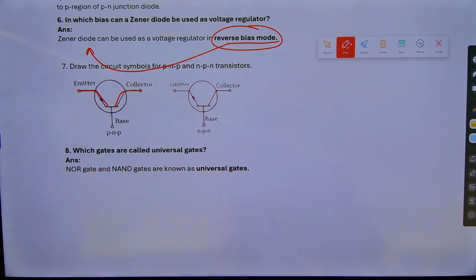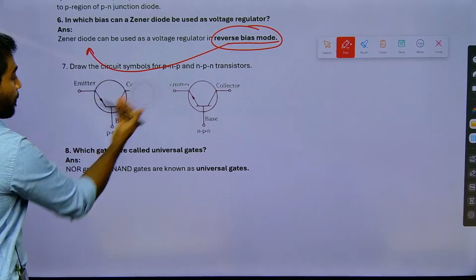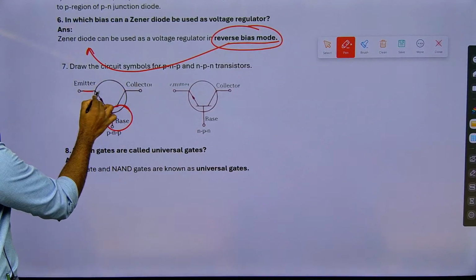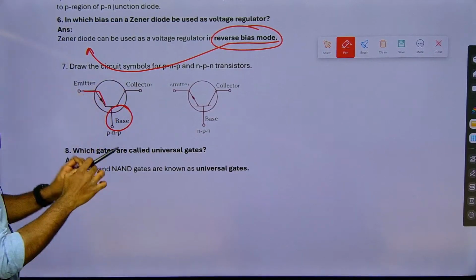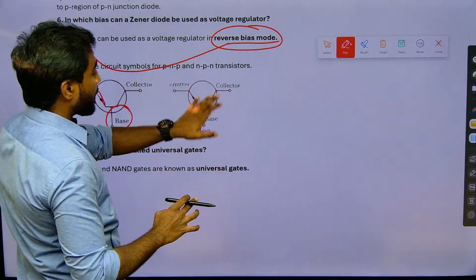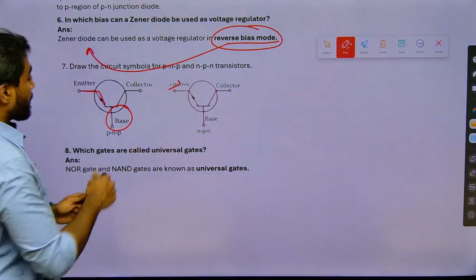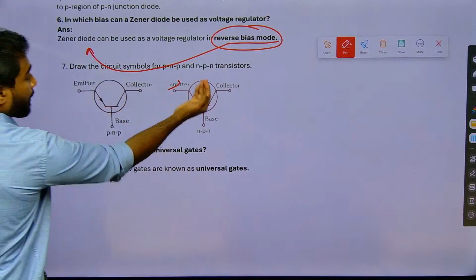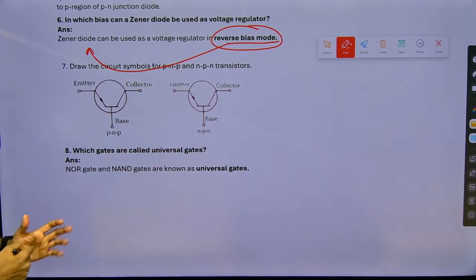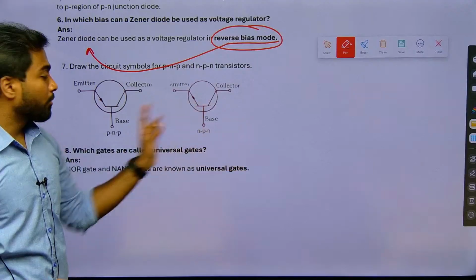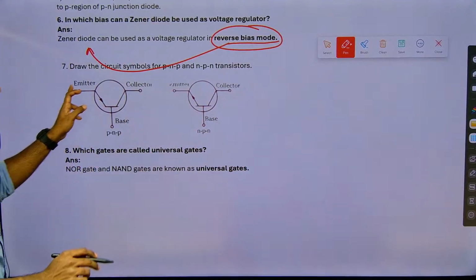Here the base is collecting from the emitter, and here it is giving out to the emitter. So PNP and NPN are quite opposite, just the arrow marks.